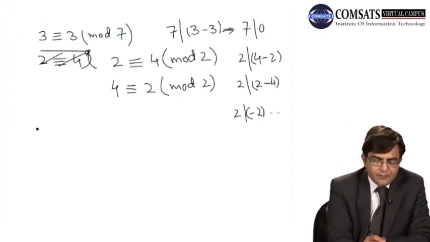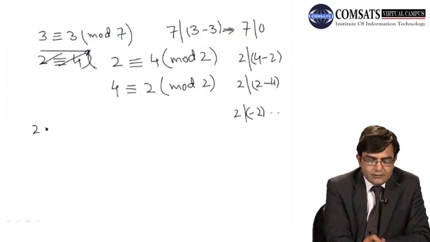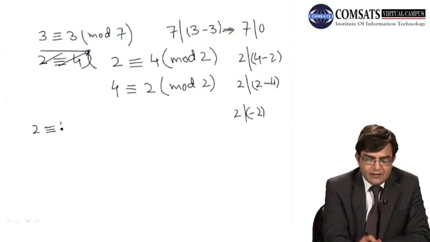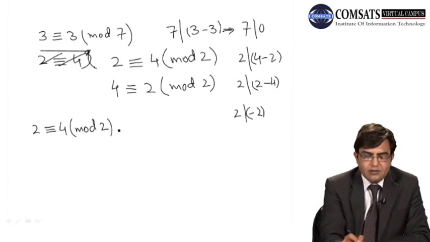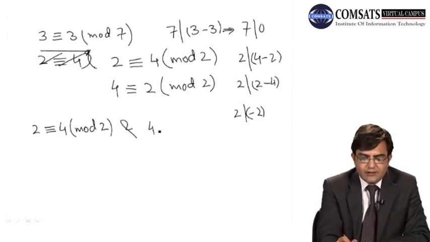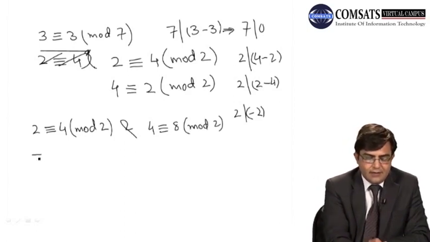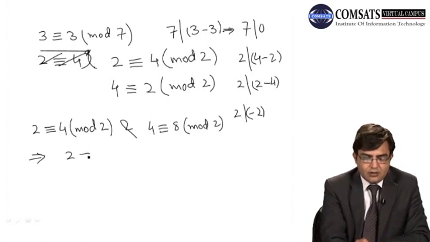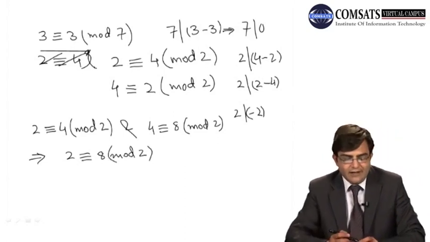For example, as we have written here, 2 is congruent to 4 mod 2, and 4 is congruent to 8 mod 2. This implies 2 is congruent to 8 mod 2, and we can easily verify that.